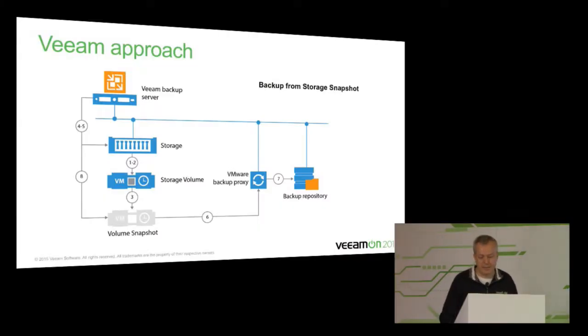But they are using the standard API to take the snapshot, so I have a frozen version of the virtual disks. But at this point, they are also using the API provided at storage level to take a storage snapshot and then release, after a few seconds or a few minutes, the VM snapshot.